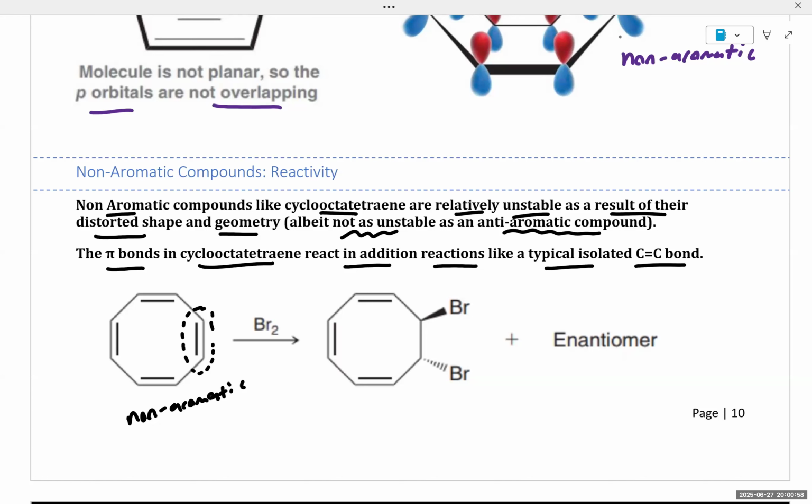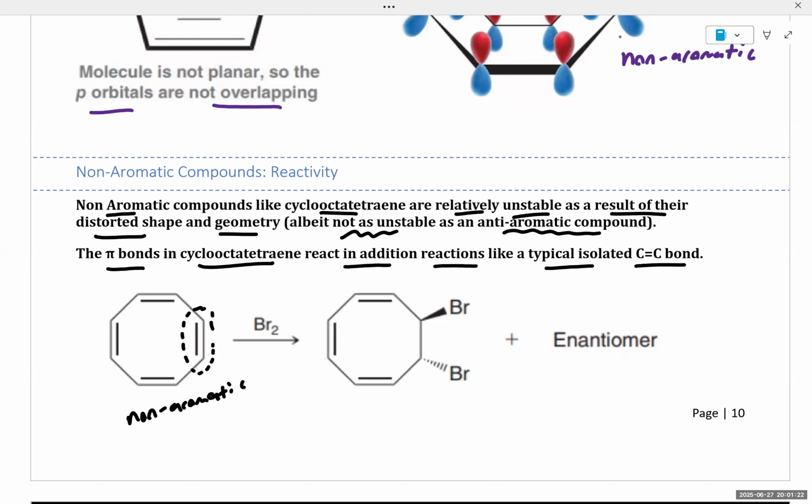So when you have large rings containing 4n pi electrons, these large rings will often distort and bend out of the plane and adopt distorted geometries to break conjugation. These larger rings are typically going to be non-aromatic.